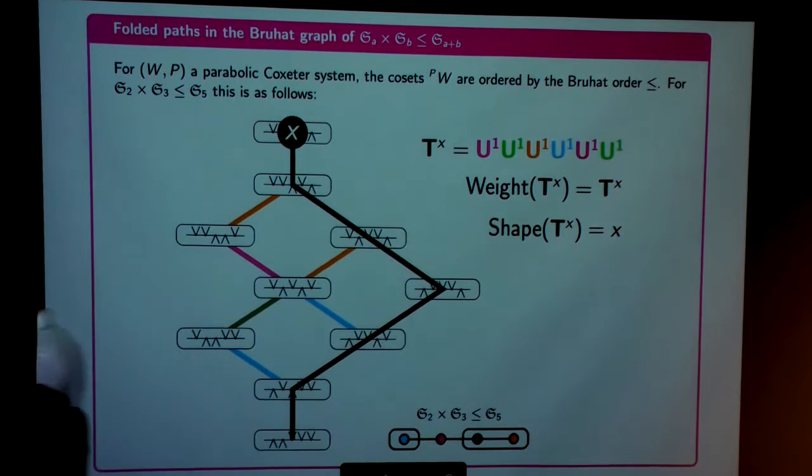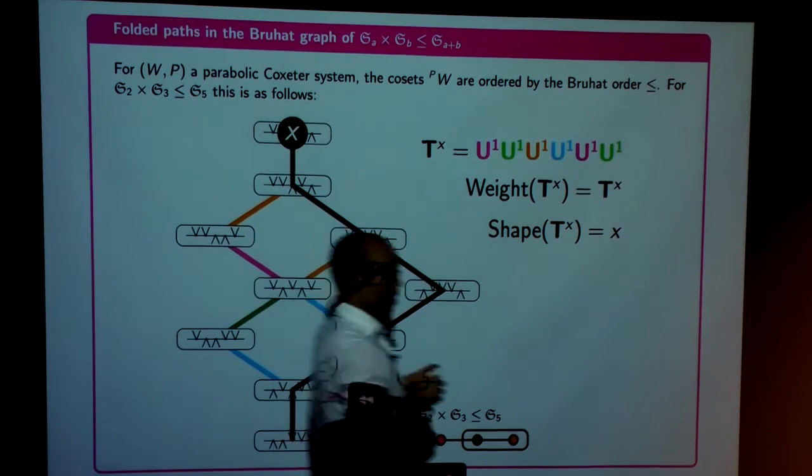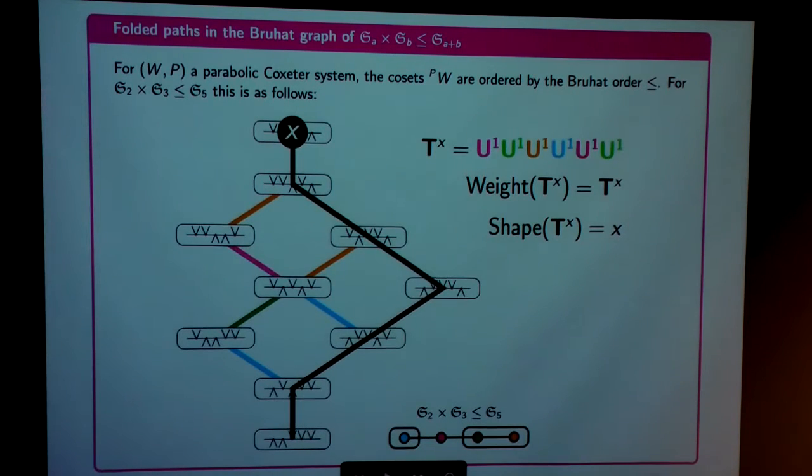So cellularity looks like this. It's a construction where you draw things like this. And weight is always the outside bit, and shape is always the inside bit. And we're going to see this picture later on. Okay, so let's see some more paths.